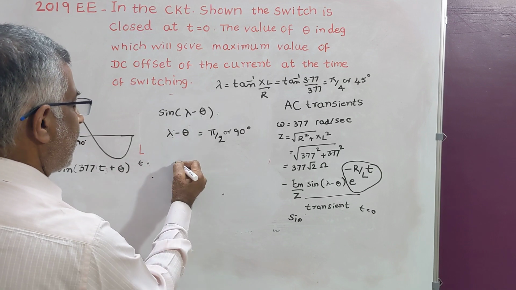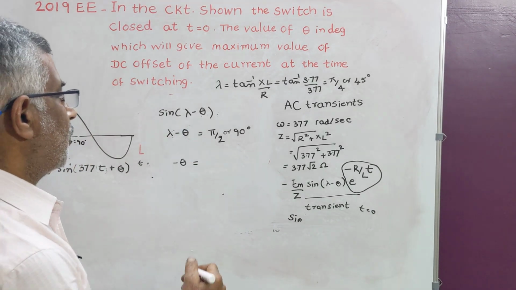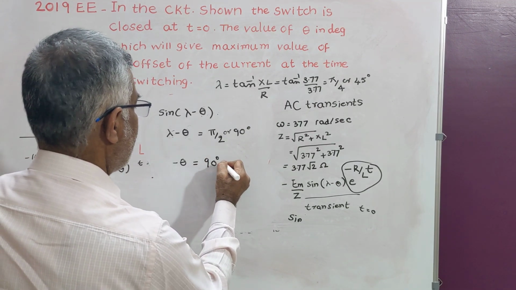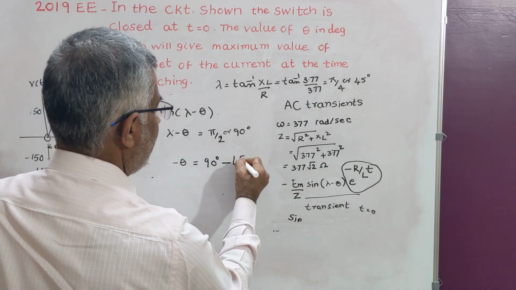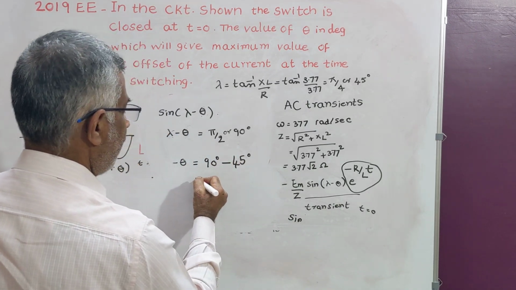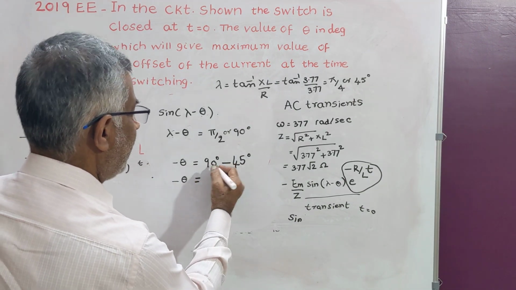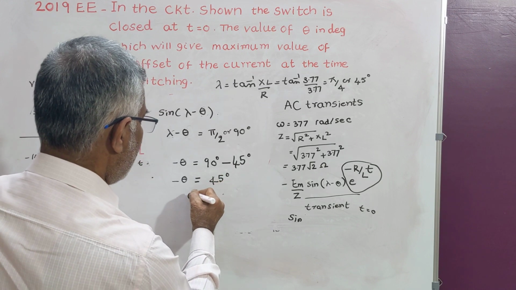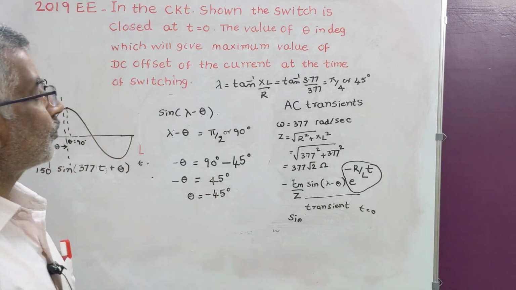Now what is this theta? Minus theta is equal to 90 degrees minus lambda. In this problem, lambda is 45 degrees. Therefore minus theta is equal to 90 minus 45, that is 45 degrees, or theta is equal to minus 45 degrees.